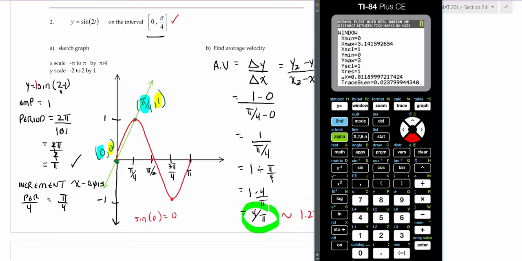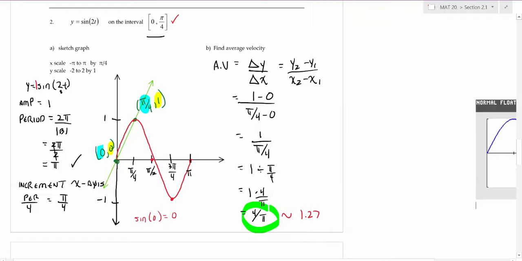That increment is pi over 4, so you can see the key values. And then for the y minimum, I'm going to go negative 1 to 1 because I know the amplitude of this is 1. I can graph that, and then you'll get the same graph that I've got here. So that's how you would punch that in on a graphing calculator to get an accurate graph using technology.